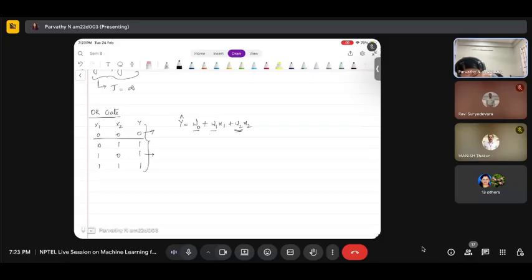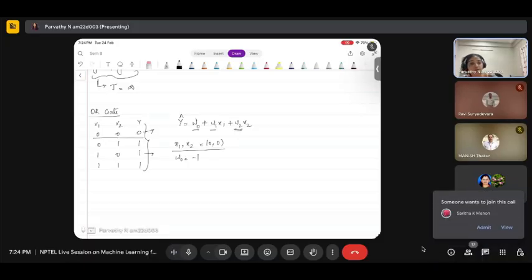For x1, x2 equal to 0, 0, we need z to be less than 0. That is, this W0 must be a negative value. We can take any real value for W0 that will make it negative. So we can take W0 as -1, for example.